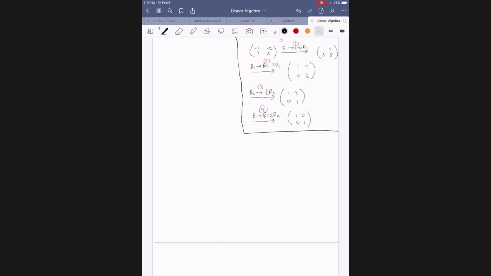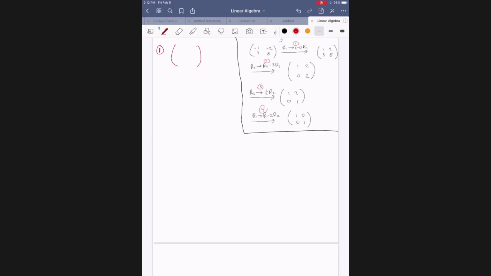All right, so yeah, you can see it. The first matrix: all we did was scale the first row.